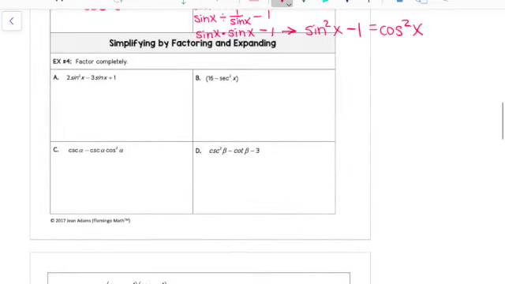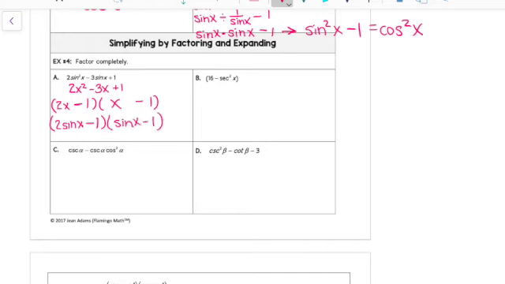Factoring. We've got to remember our factoring rules. So in this case, think of it like 2x squared minus 3x plus 1. What would you do? Well, that would become 2x and then x, but in place of x, we're just going to put sine x.